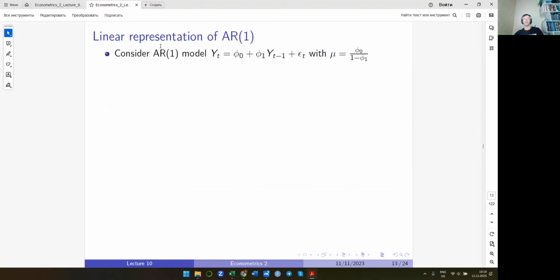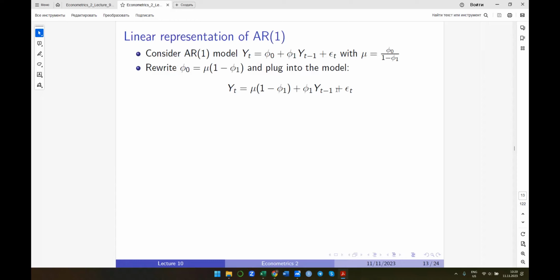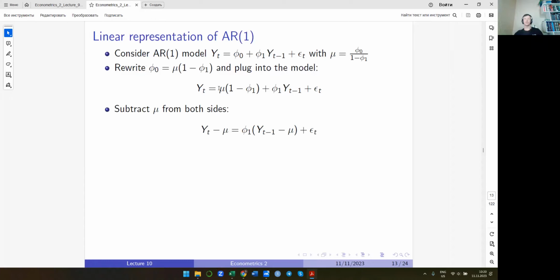Let's take that there is an AR1 model with mu equal to this. If we rewrite phi0 to be mu times 1 minus phi1 and plug it into the model, we get this. Then we subtract mu from both sides, and we have this.